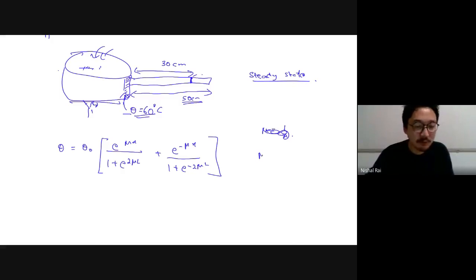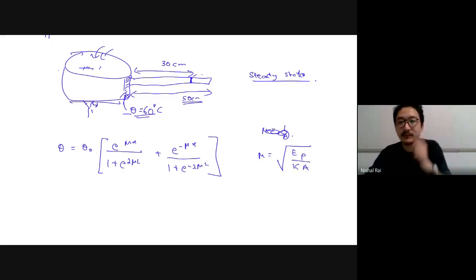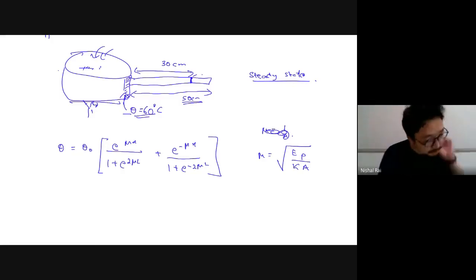So actually mu is the square root of h P by K A, where P was the perimeter. What was K? K is the conductivity.